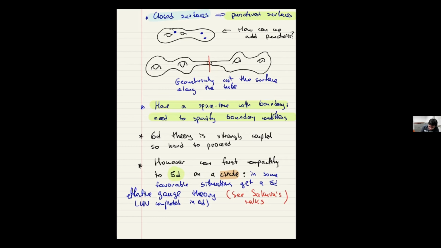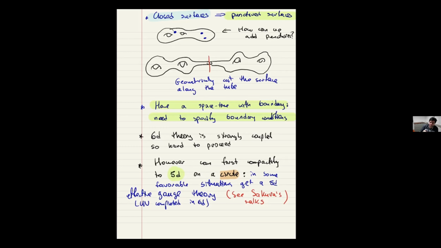By going to 5 dimensions, we can turn on various holonomies around the circle and scale them with the radius. And it so happens that if you do this, in some cases you find a 5-dimensional theory, but not just any 5-dimensional theory: a theory which has an effective description in terms of a gauge theory in 5 dimensions.